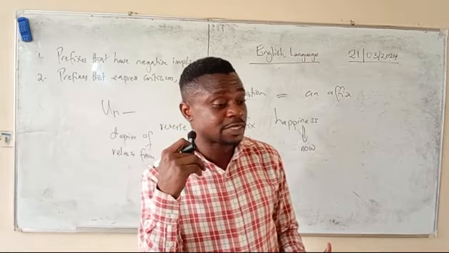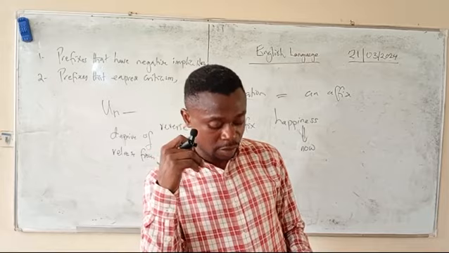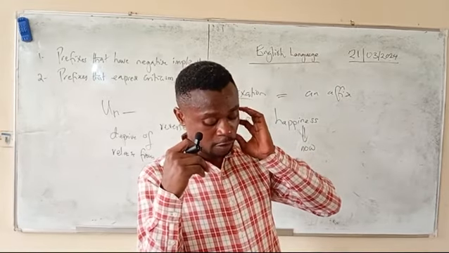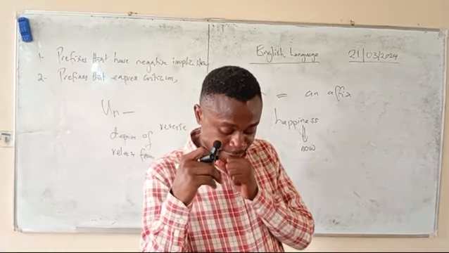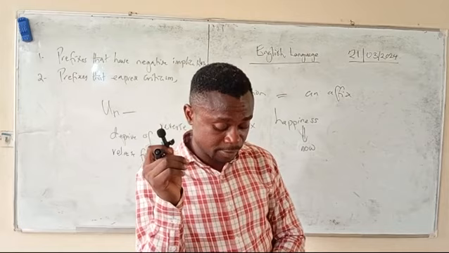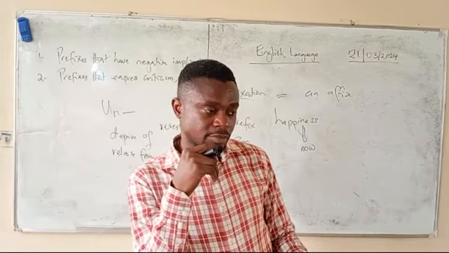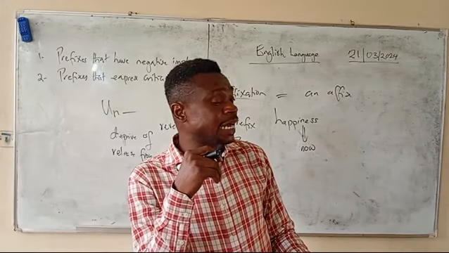You can also form verbs. Verbs can also be formed. Even nouns. Nouns can also be formed. Examples: we have unavailable. Un was added to what?